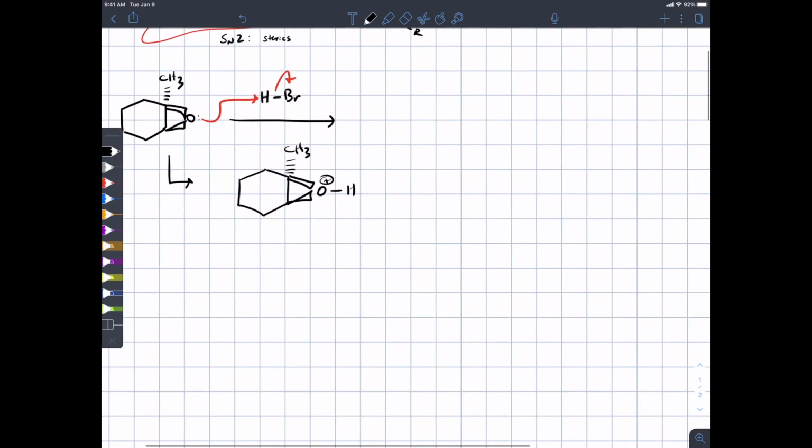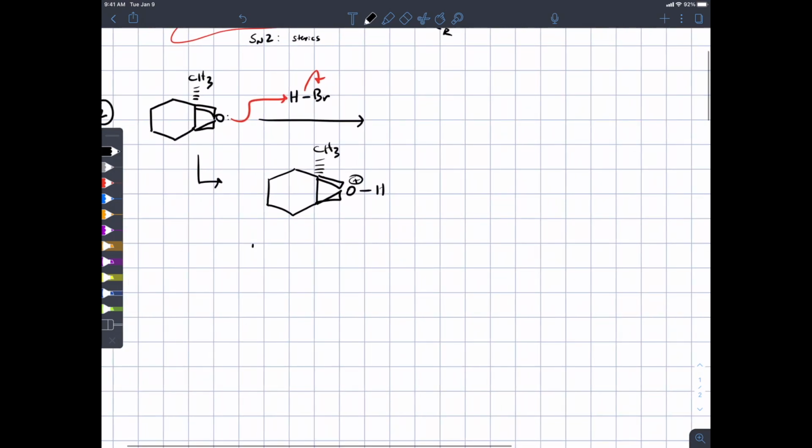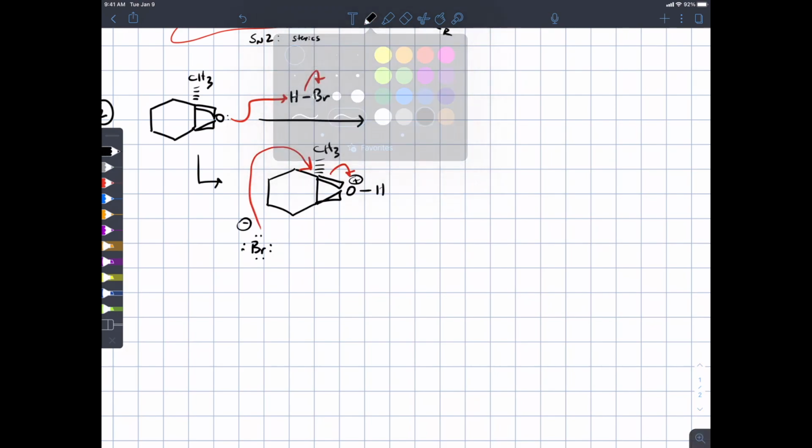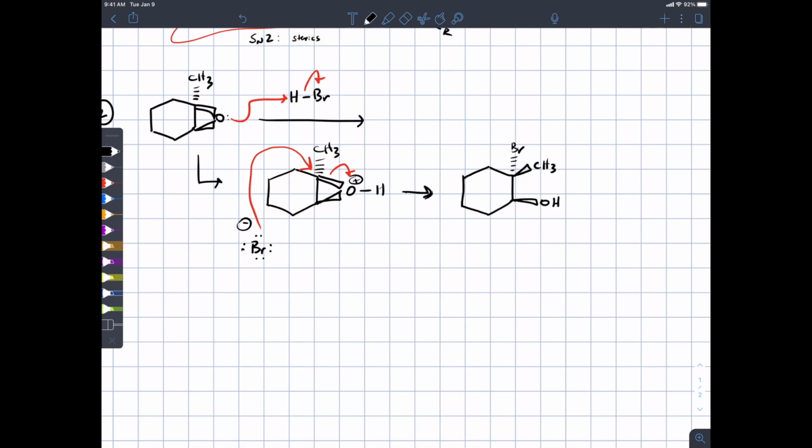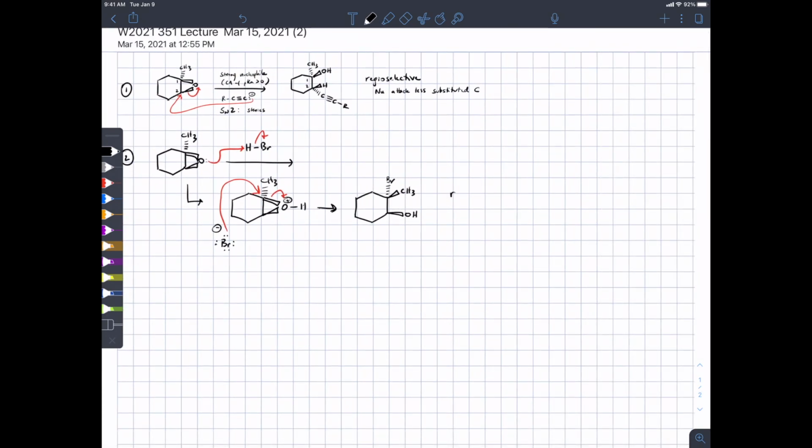And then Br minus acts as a nucleophile, and Br minus, we observe, tends to attack selectively the more substituted carbon to give you the following product, where Br, the nucleophile, is now on the more substituted carbon and OH is on the less substituted carbon.